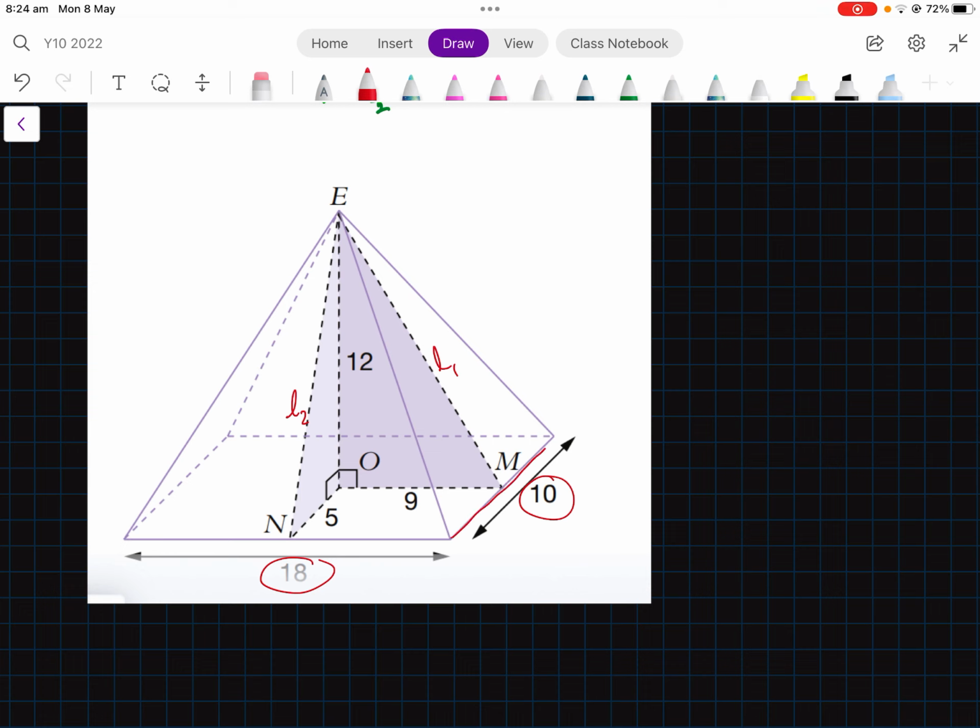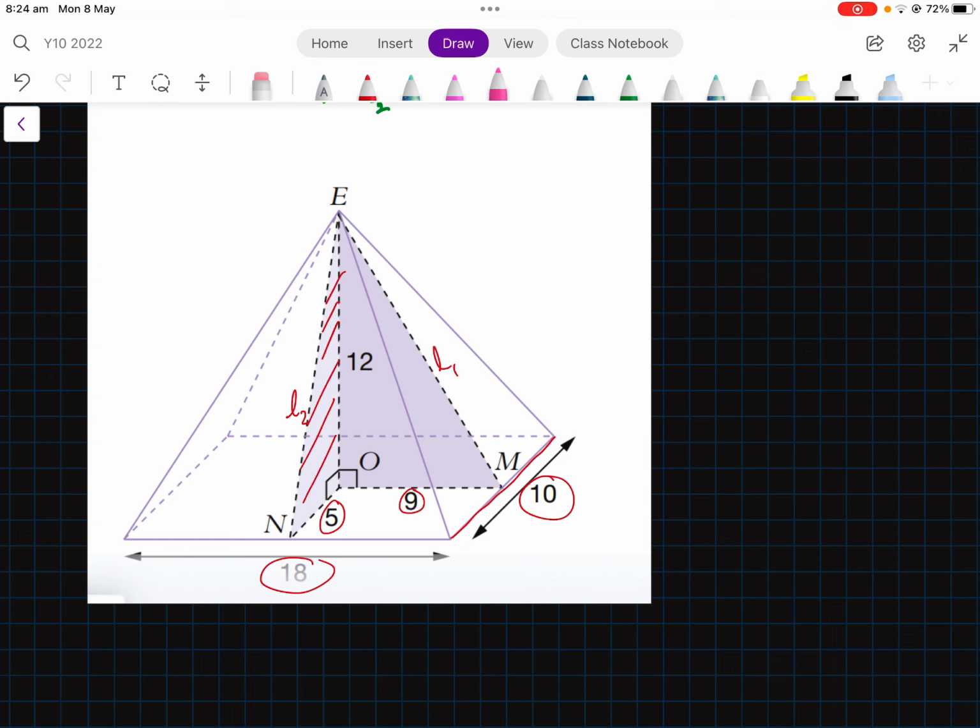So for this triangle E and this base, if this is 18 and it is symmetrical, we will say this is 9. And if this is 10 and this is symmetrical again, it's a regular pyramid, so then we will have this 5. To find L2, we'll use this triangle 12, 5 and L2.